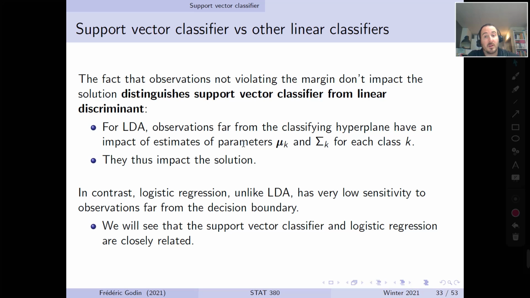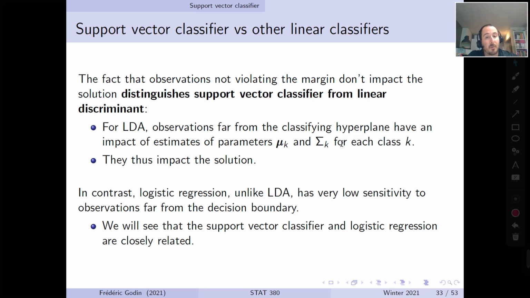Conversely, for linear discriminant analysis, all data points have an impact on the classifying hyperplane, because even points that are far away from the decision boundary will impact mu k and sigma k, which are the parameter estimates for the distribution of predictors in each of the classes.